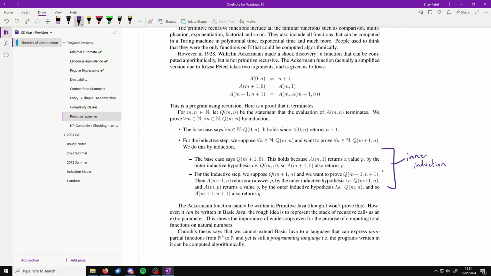And so Q m n, and so Q m plus 1, n plus 1 also returns q. So because this terminates, and because this terminates, and because this terminates, we work backwards and we see exactly what's terminating because of what.